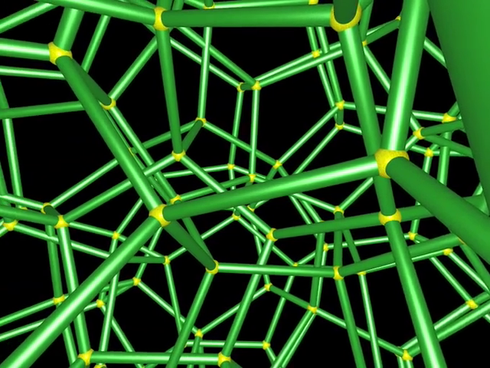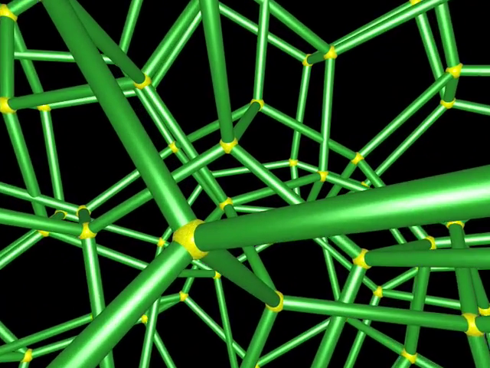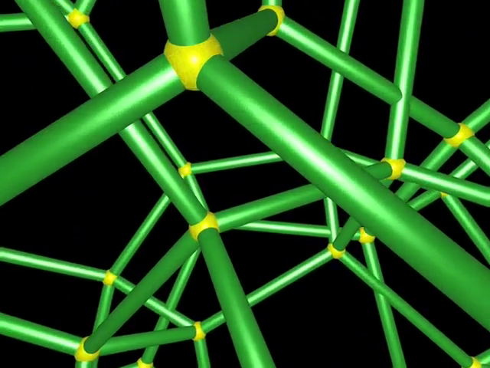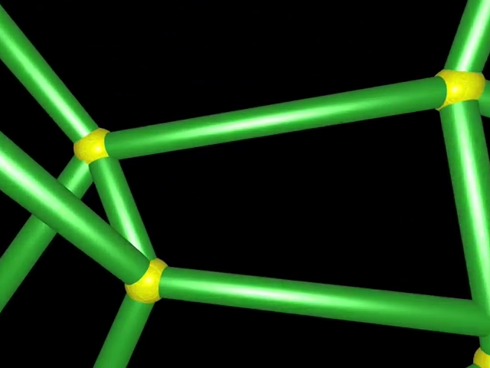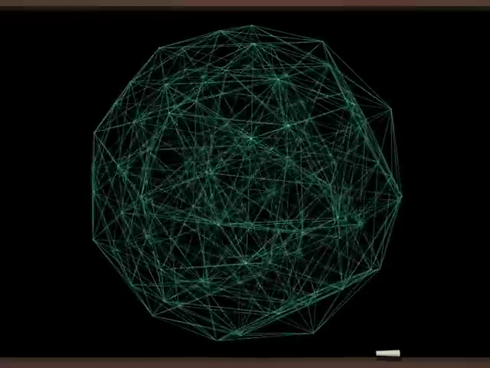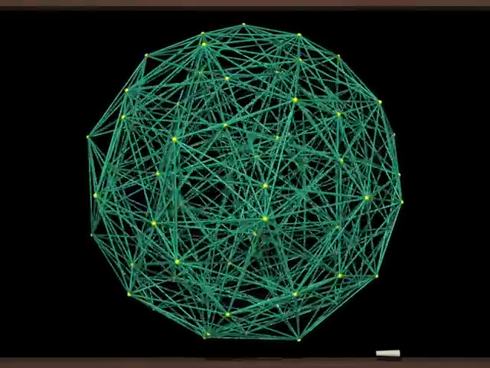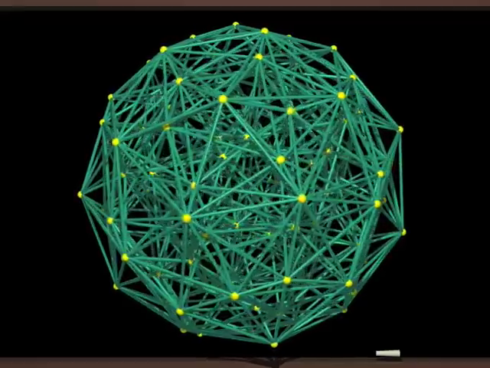Let's work your imagination a little. Imagine the object in 4D space where a huge group of rotations permutes all these vertices and edges. The champion is the 600 cell.